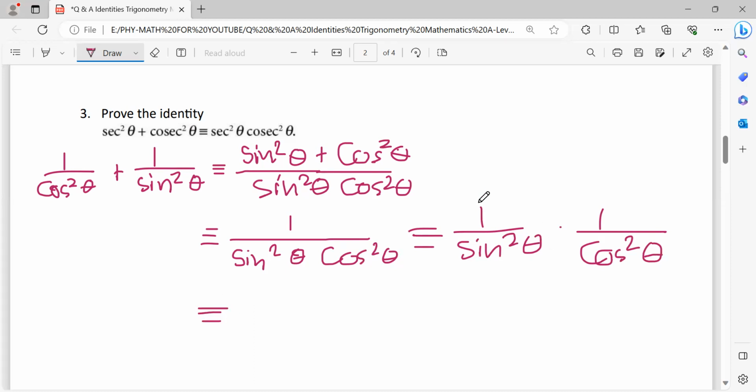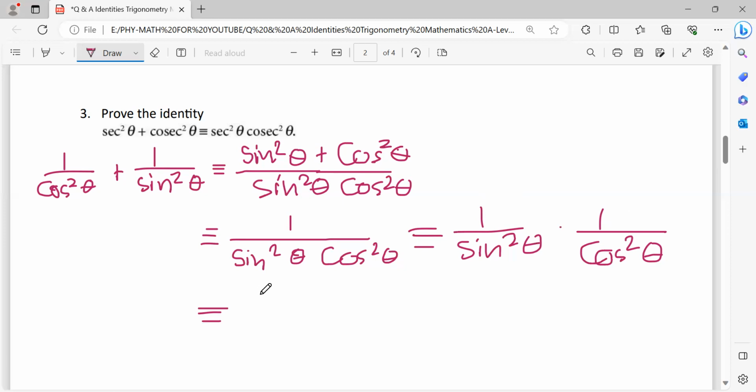So prove that 1 over sine theta squared equals cosecant squared, and 1 over cos squared theta equals secant squared, while 1 over sine theta squared equals cosecant theta squared.